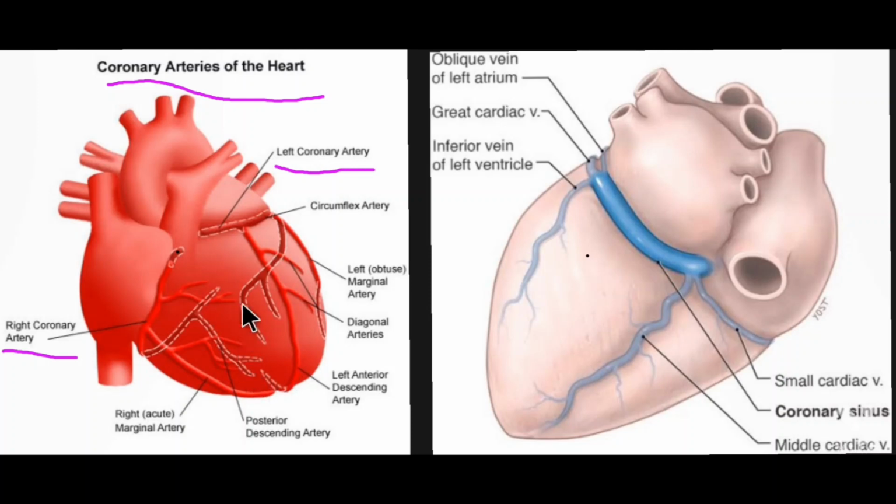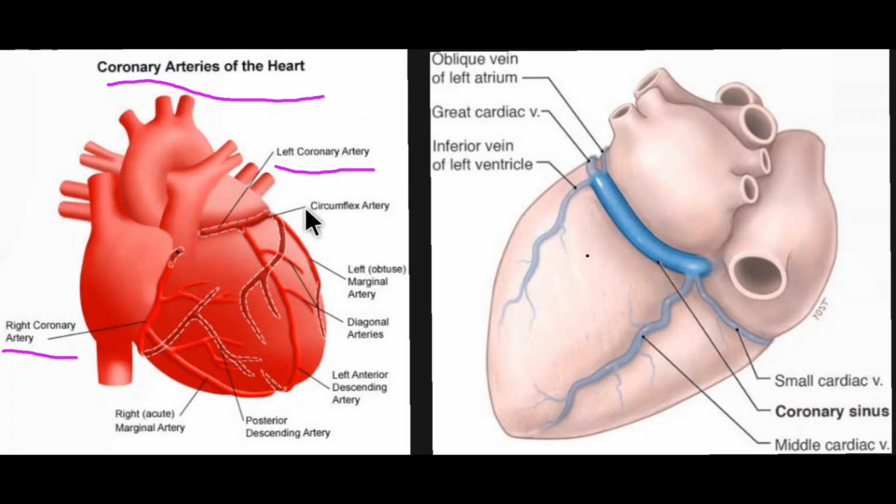Then what is the use of the coronary artery? The coronary artery supplies blood to the heart muscles. You know, the heart is made up of cardiac muscles, a special type of muscles. So what are the coronary arteries?